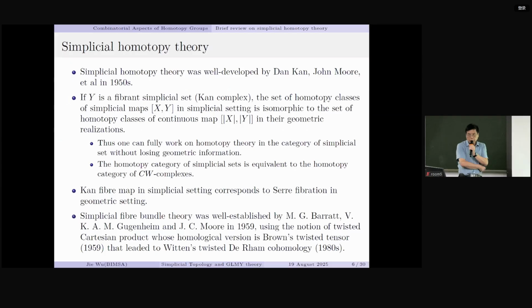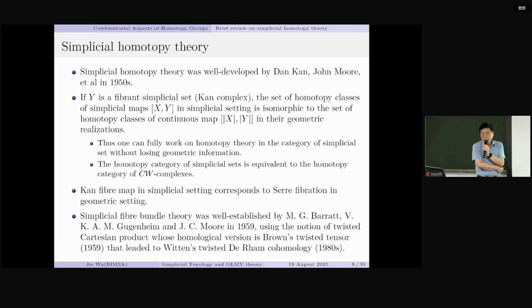Now, let's go back and look a little bit. The fundamental question is how to develop homotopy theory in the simplicial setting, in the discrete world. This theory was well developed in the 1950s by Dan Kan, and there is also a lot of beautiful work by John Moore.